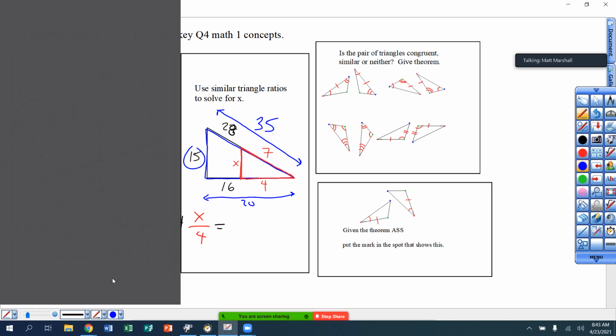We need you to be smart and see that the whole entire Big Daddy triangle really has a base of 20 and a hypotenuse of 35. I'm giving you the side piece. So if you're keeping that X over 4 accurate, you got to go 15, not over 16, but 15 over 20. All right, are you seeing that out there in Zoom land?